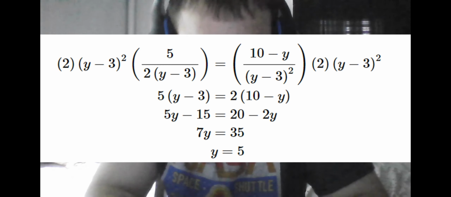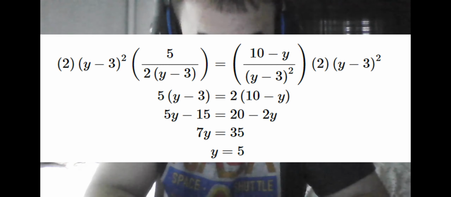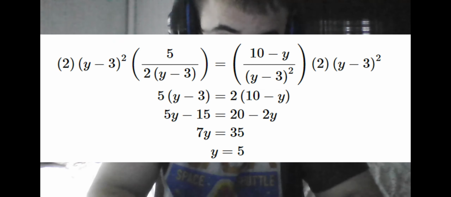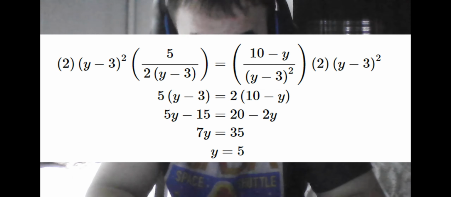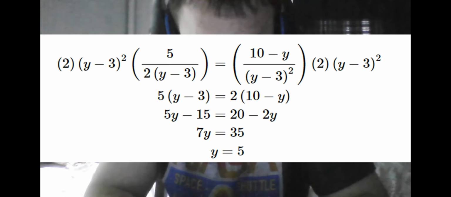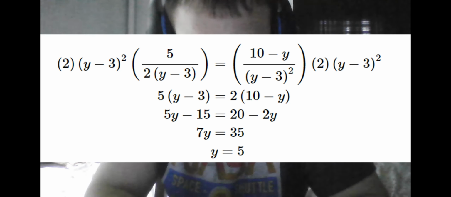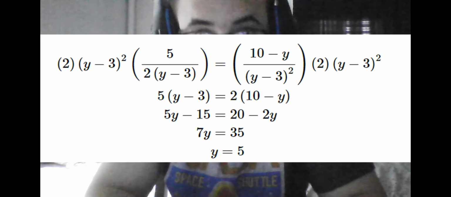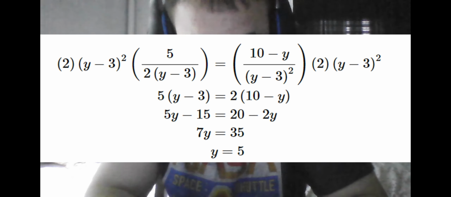So 2 times y minus 3 in the first fraction cancels out, and y minus 3 squared in the second fraction also cancels out. So now we distribute, and then manipulate the expression so that coefficients of y and constants are on different sides, and then finally divide by the coefficient of y on both sides. We conclude in here y equals 5.